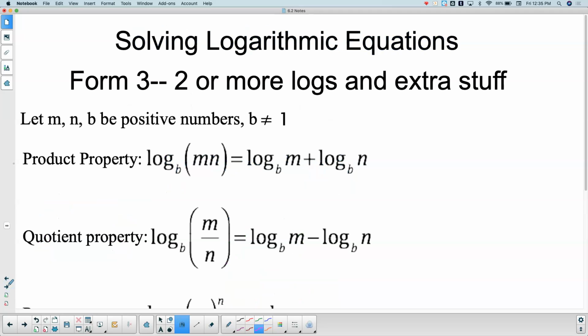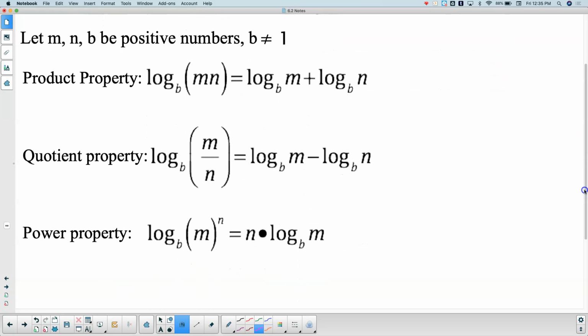Alright? So, the other one is when you've got 2 or more logs and then you got a bunch of extra stuff. On the last 2, we had 2 logs. We didn't have all the extra stuff. But if you've got extra stuff, then it's a whole different ball game. And so the first thing that we have to remember is our 3 properties of logarithms.